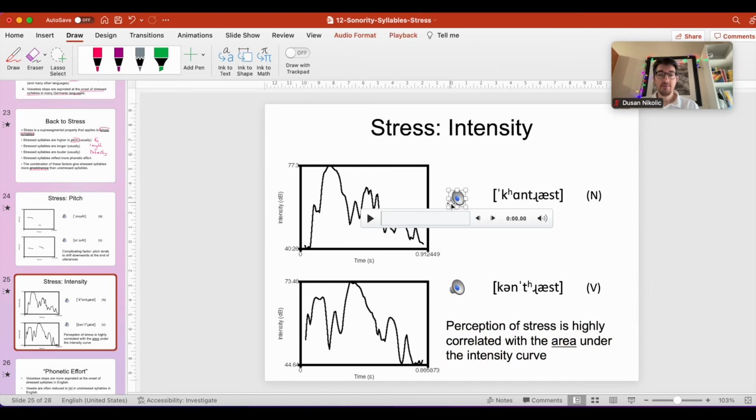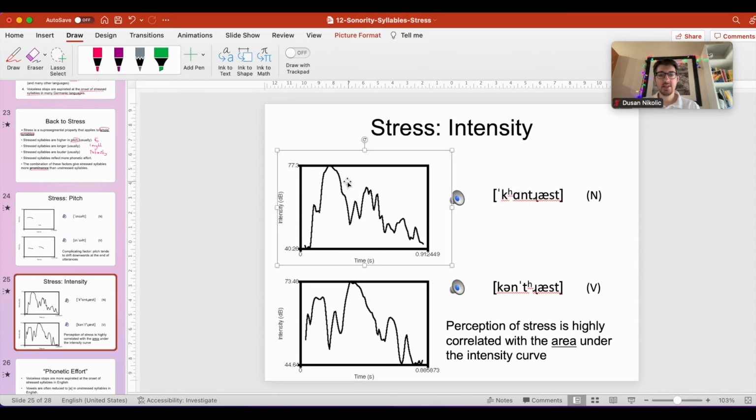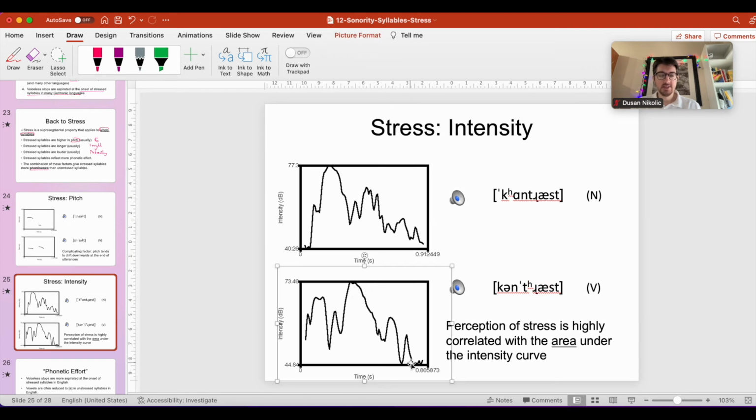When it comes to intensity, perceptual stress is highly correlated with the area under the intensity curve. So, for example, contrast. Contrast. Right. So this is the first stressed syllable, and you see that the intensity of the first syllable is highest, right? This whole area is quite intense, and here the second syllable is more intense, right?